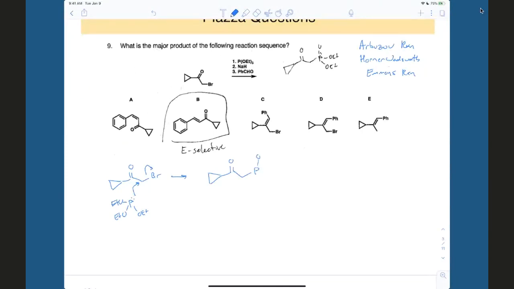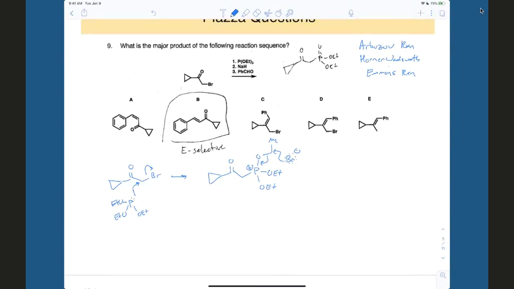So this is the sort of unintuitive step, or one that I think people miss or forget the most. We're going to end up with a positively charged phosphorus. We have a bromide anion that's hanging around, and it can actually do an SN2 reaction on the carbon of the ethyl to give more electrons down to the phosphorus.